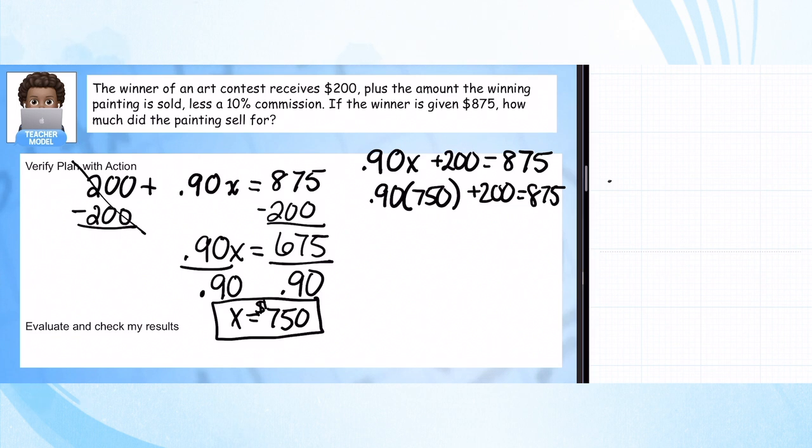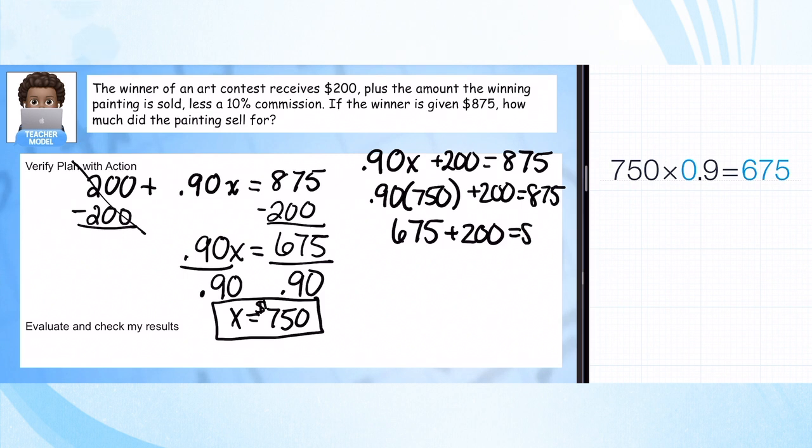Let's do the math. 750 times 0.90, so I'm just putting 0.9 in there, and that's 675 plus 200 is equal to 875. I don't need the calculator for this part. 875 is equal to 875. Our unknown has been solved.